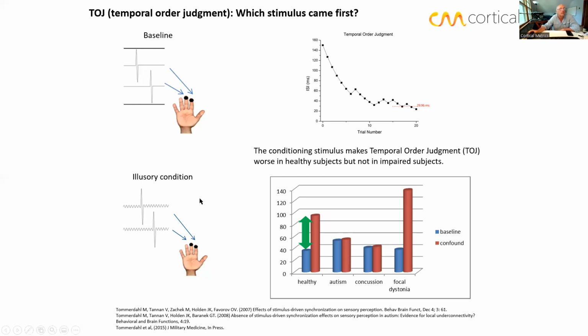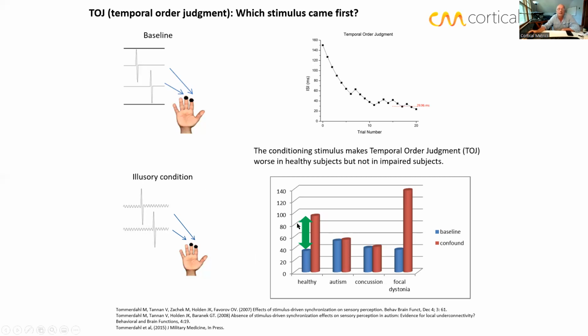Let's just focus on this side here. Remember, over here, we came down to 30 milliseconds. Over here, we've got 30 milliseconds for the healthy controls. Then when we add that illusory confound, this value goes way up. So what we're looking at is this difference here, and we make a connectivity score out of that.